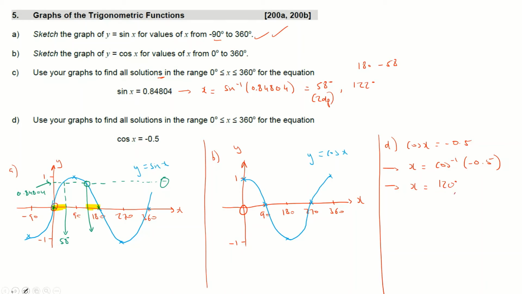But there's more. Look at your cos graph. 120 degrees, okay, is obviously going to be about here, right? About here, because it hits the graph at minus 0.5. So that there is 120 degrees. If you read across, look again, it hits it there.